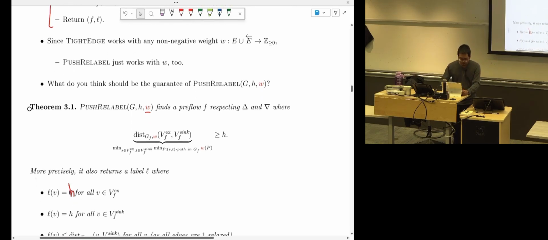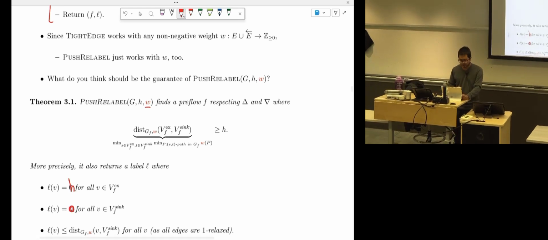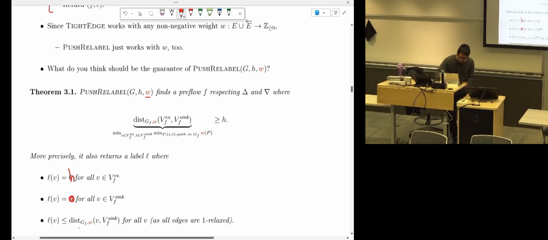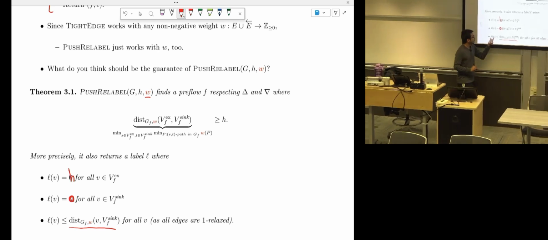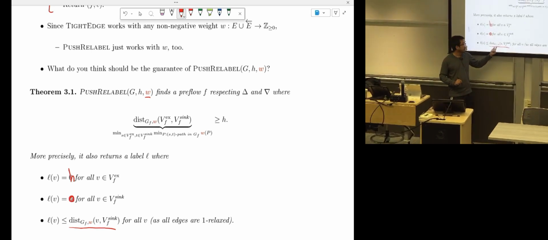Okay? So all the excess have level h, all sinks have level 0. And we still have this thing, right? The level will lower bound the distance in this weight function.